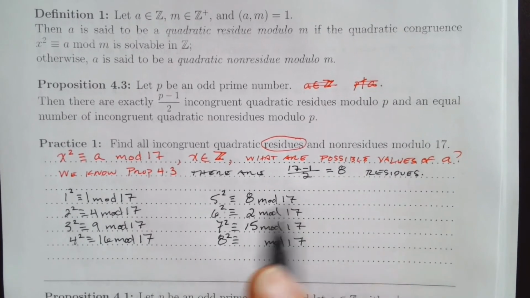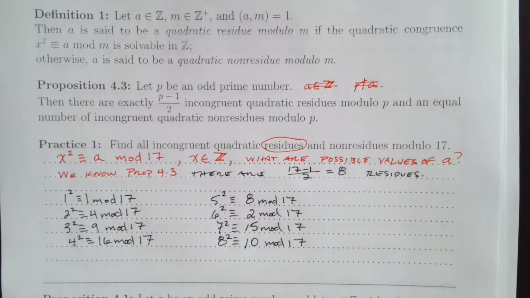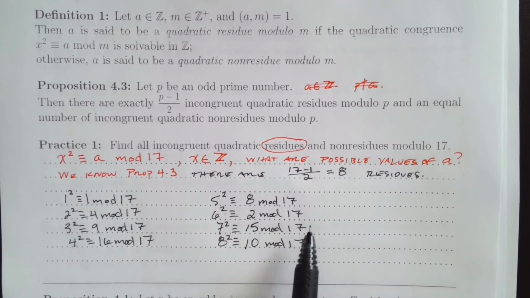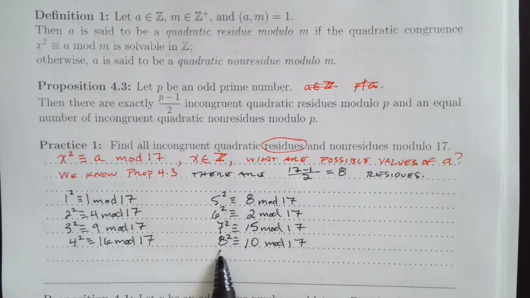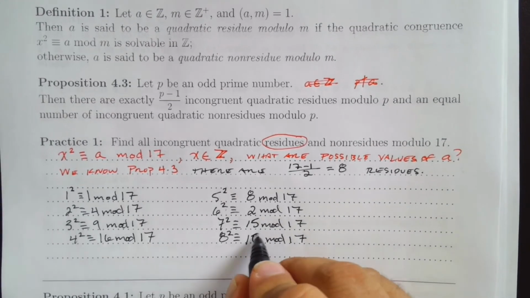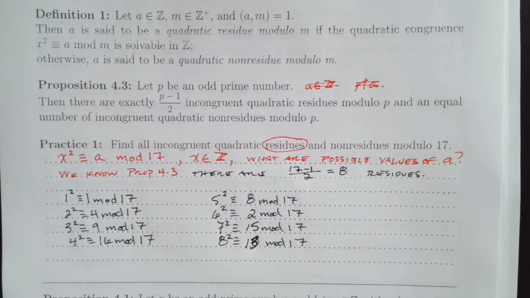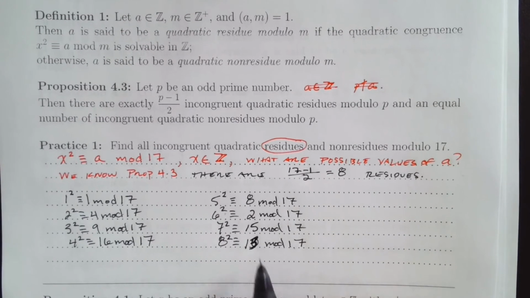And 8 squared is 64, and that should be 13 more than 51, because 17 times 3 is 51, so this should be a 13.